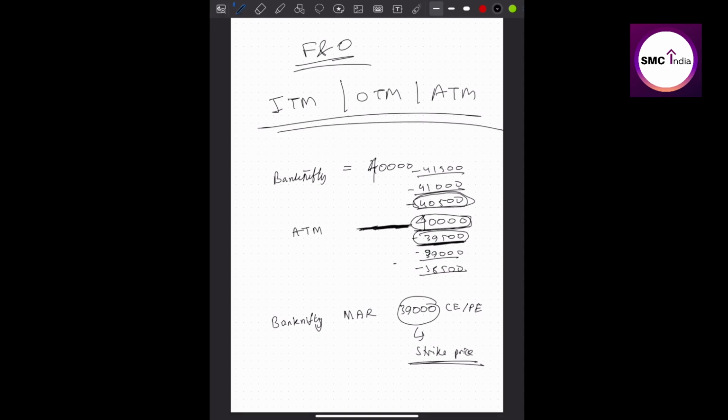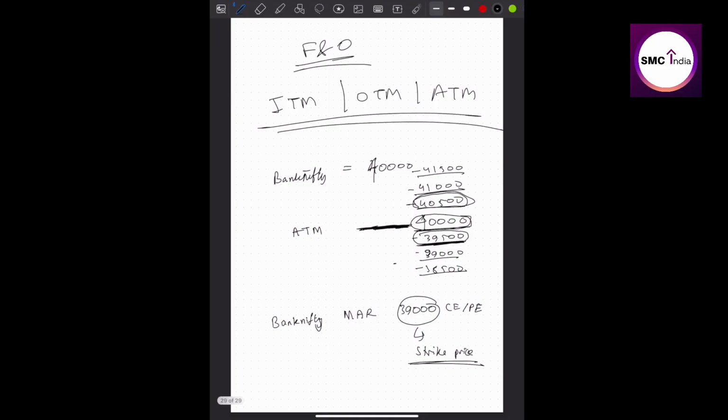Say Bank Nifty is trading at 40,100 and we bought 40,000. We will call that the at the money option premium. If Bank Nifty is trading at 40,050 and we bought 40,000, we'll call it at the money because it is very close to the price where Bank Nifty is currently trading.